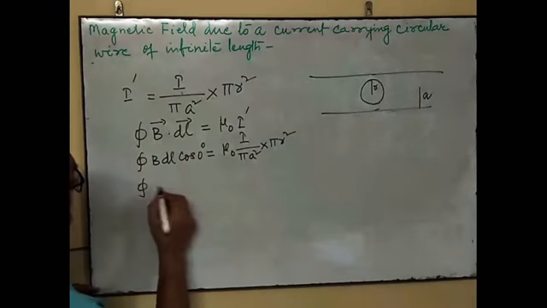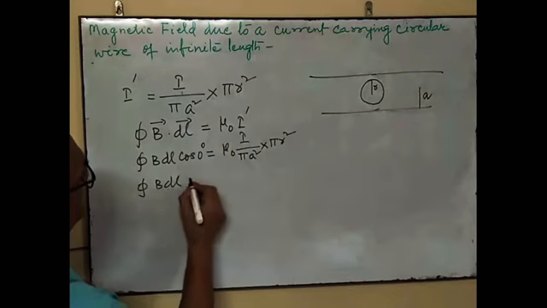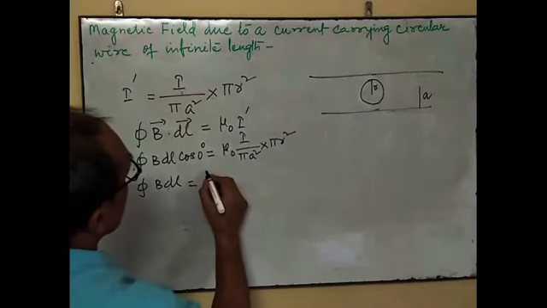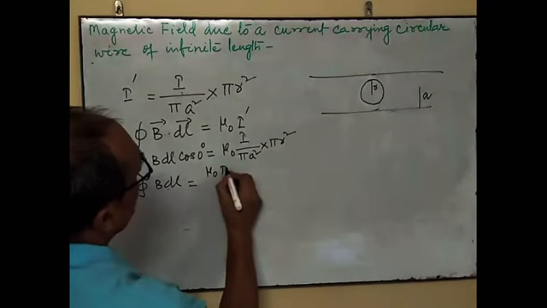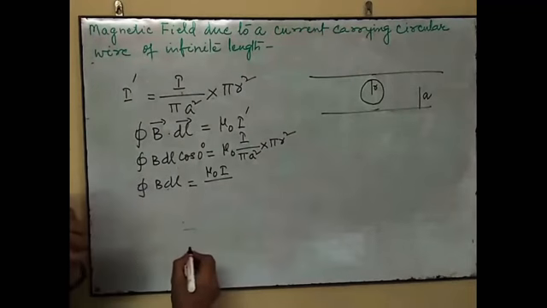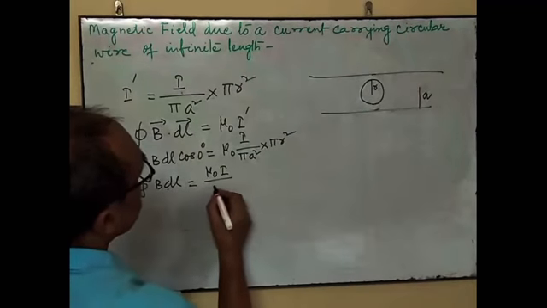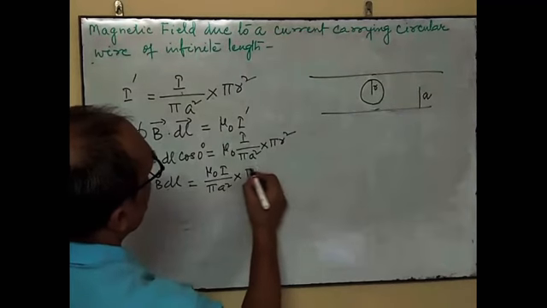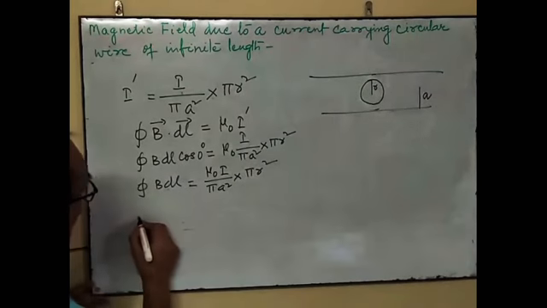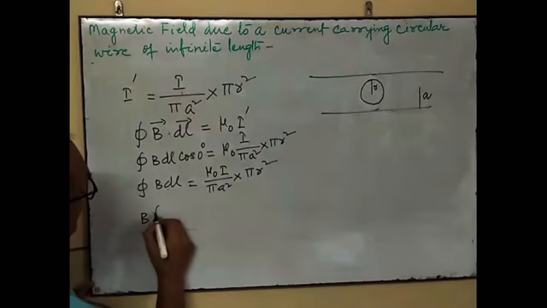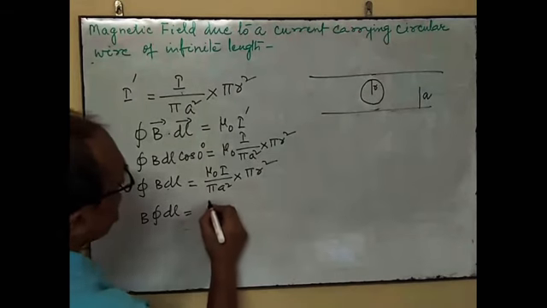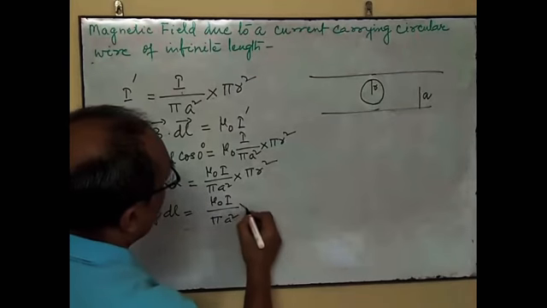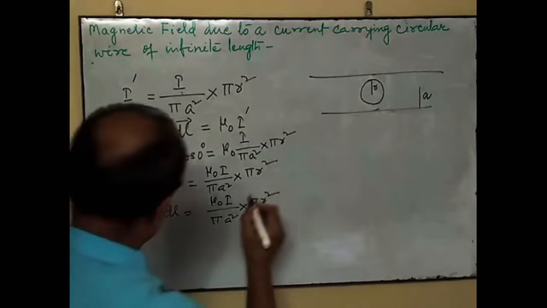So integration of B dl equals mu naught I by pi a square into pi r square. So B into integration of dl, this is 2 pi r, equals mu naught I by pi a square into pi r square.